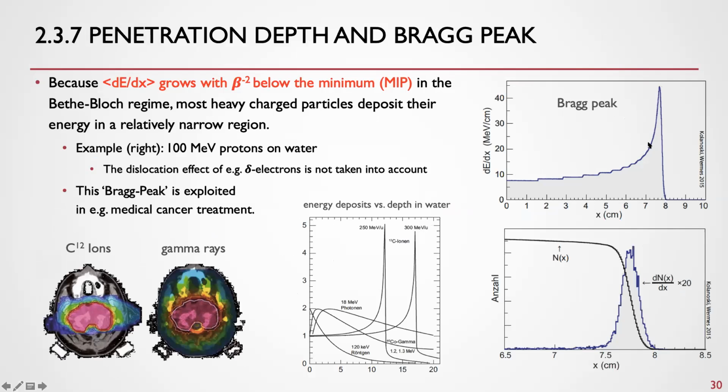This is the area where the incident protons thermalize. You need to take into account all these delta electrons, all the material effects, all the density corrections, and the nuclear corrections to really predict this.